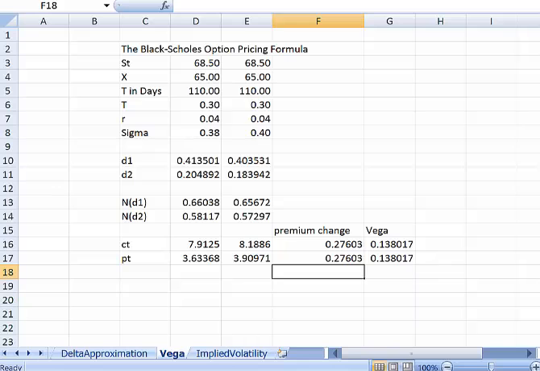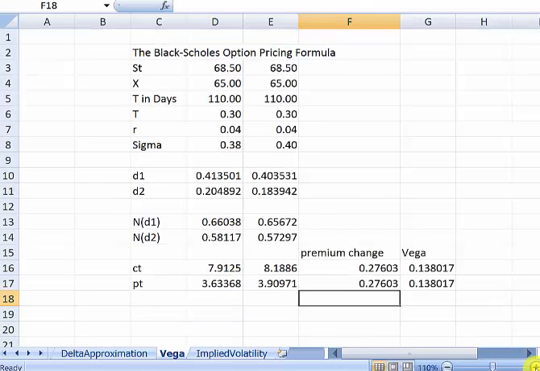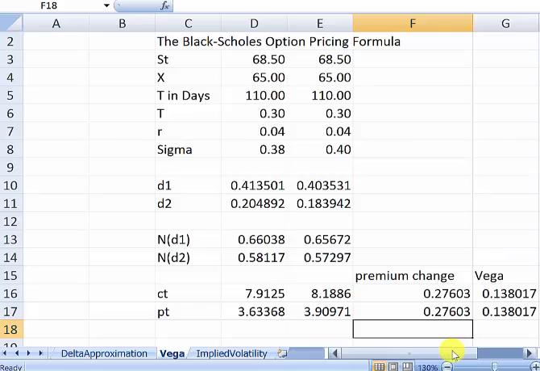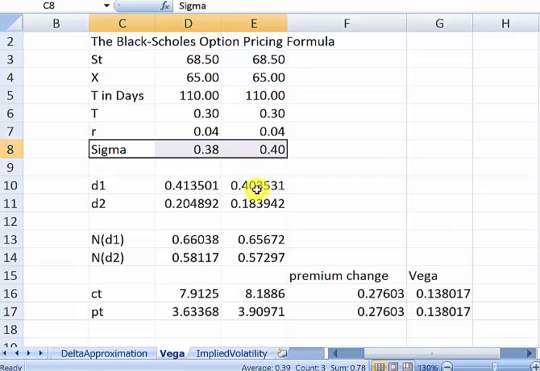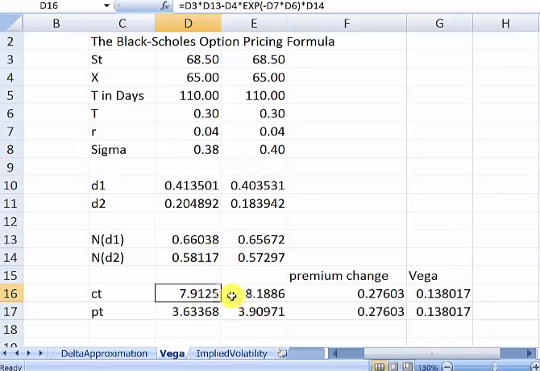Okay, let's look at my Excel model here. If we want to show mathematically they have the same value, we do a little bit of calculus. But here, we simply add 2 percentage points to the standard deviation we are using in the Black-Scholes model, going from 38% to 40%.